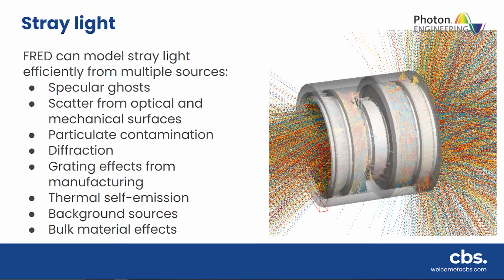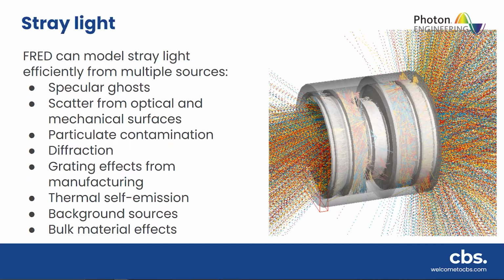Diffraction effects can also cause light to be present in places that we don't expect. So things like diffraction from apertures. When we actually manufacture optics, especially for things like diamond turned optics, we can leave grooves in them, which lead to actually grating type effects that also cause light to scatter into regions we wouldn't expect.